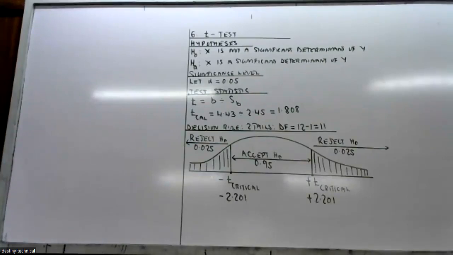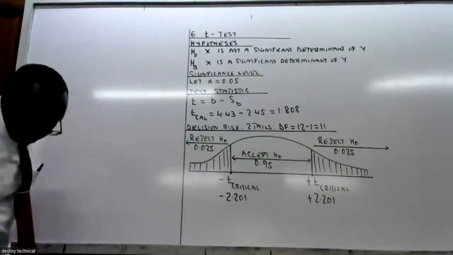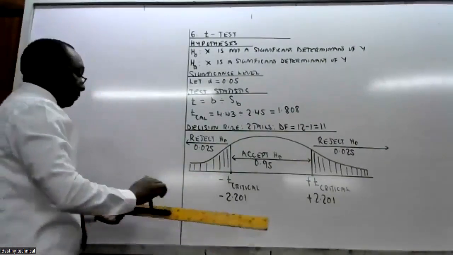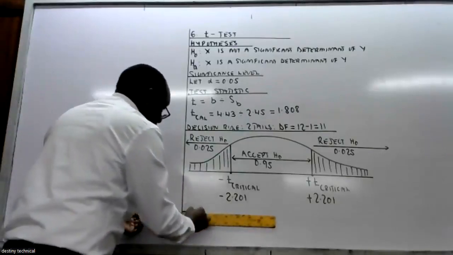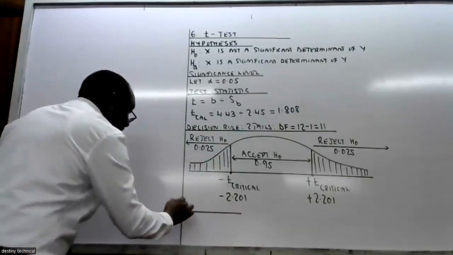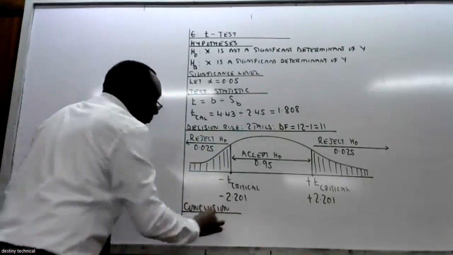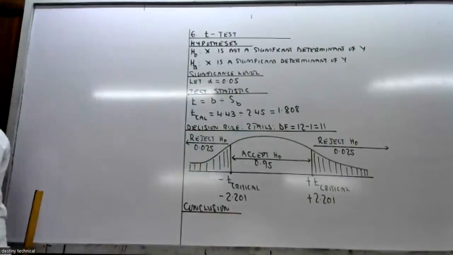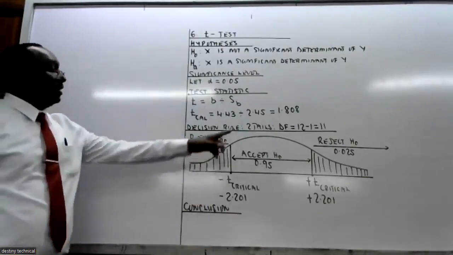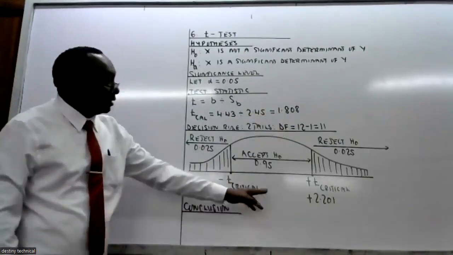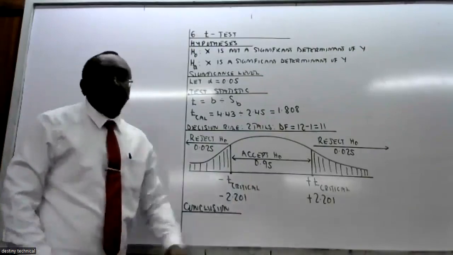I'm through. Good. So if you are through, we can proceed and make our decision into a conclusion. So for the conclusion, you simply check where it is within this range. And you can see it is here in the middle, 1.8 is here.